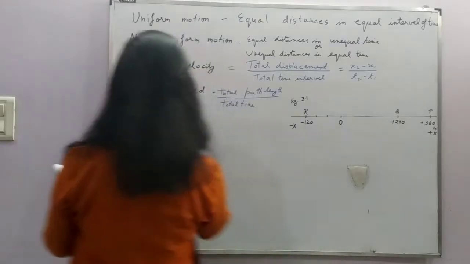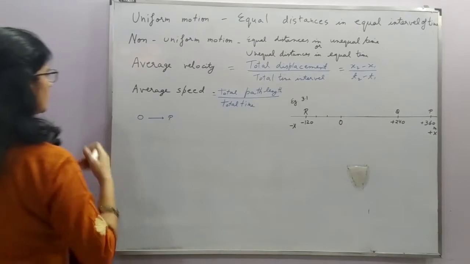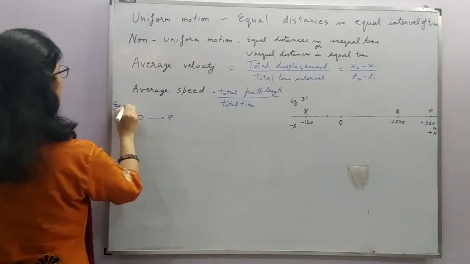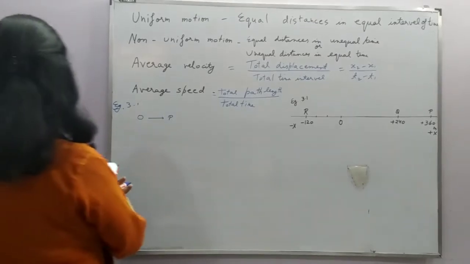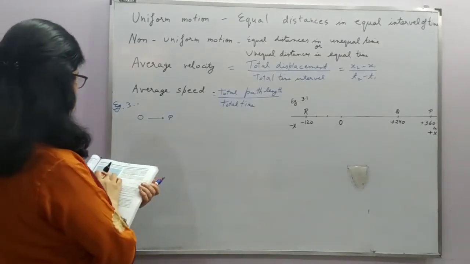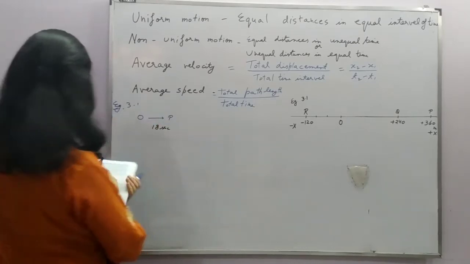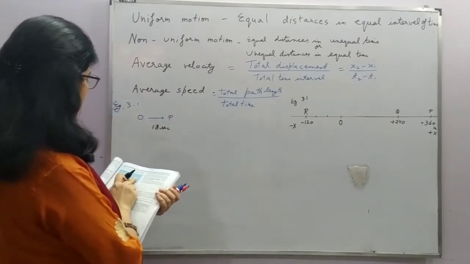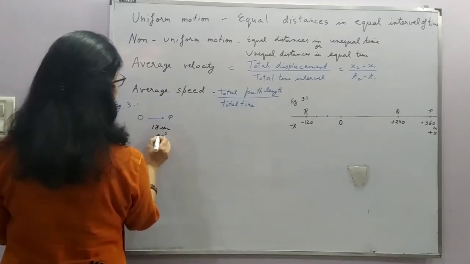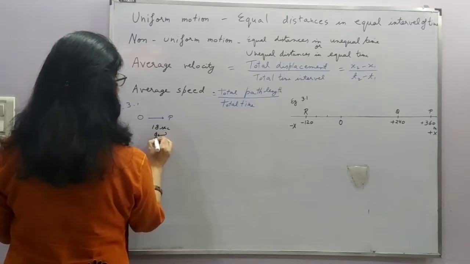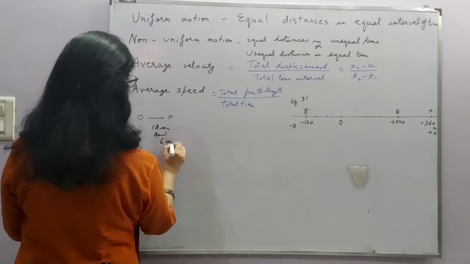So first the car is moves from O to P in 18 seconds, and returns from P to Q in 6 seconds.